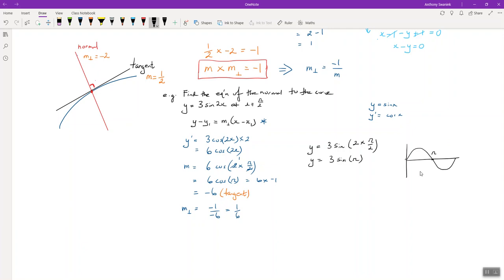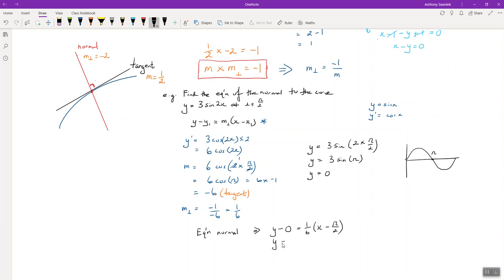So plug this into your calculator, or once again, better if you know your sine graph, the sine of pi is 0, so this will be y equals 0. So let's get the equation of the normal, finish this off: y minus 0, that's the y1 value, equals the gradient of our normal, 1/6 bracket x minus our x value here, pi over 2.